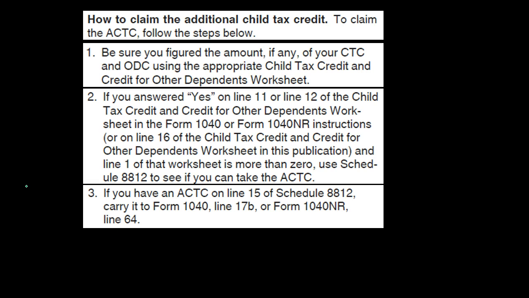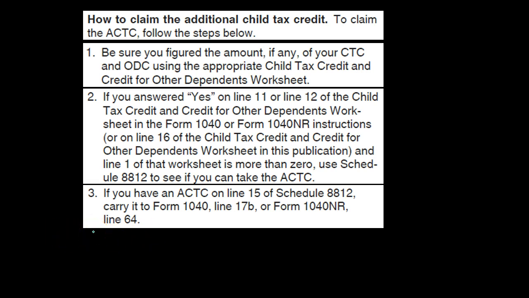Number 3, back to the text. If you have an ACTC, additional child tax credit, on line 15 of Schedule 8812, so Schedule 8812 is something that we're going to fill out if we're required to do so, basically if we have potential child tax credit above and beyond bringing our amount of liability down to 0. So back to the text, if you have additional child tax credit on line 15 of Schedule 8812, carry it to Form 1040, line 17b, or Form 1040NR.